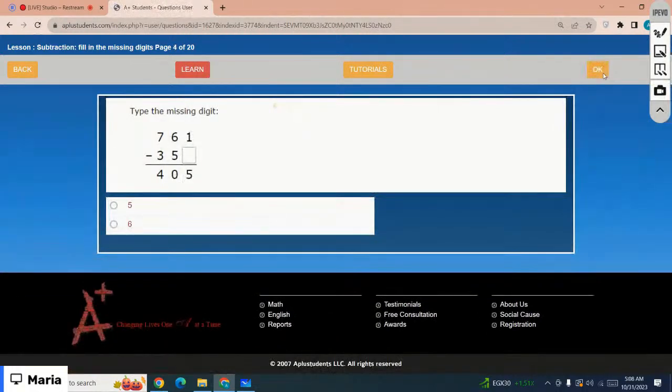Okay, which is the missing number? That's the one we did in the tutorial. So which number is missing? 5 or 6? Which is the missing number?